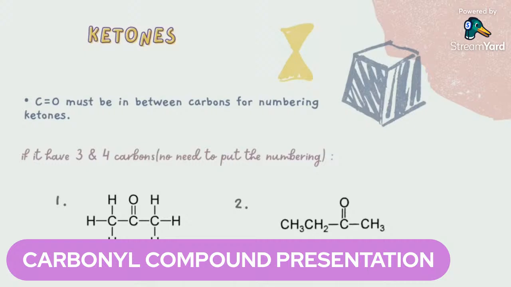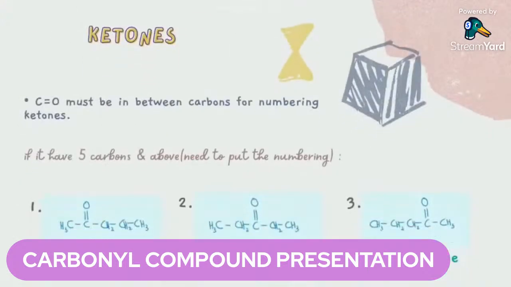So for these 2 compound of ketone should be forever 2-propanon and 2-butanon. Therefore, it is not needed to put the number. Next, what will happen if you have 5 carbon ketone?